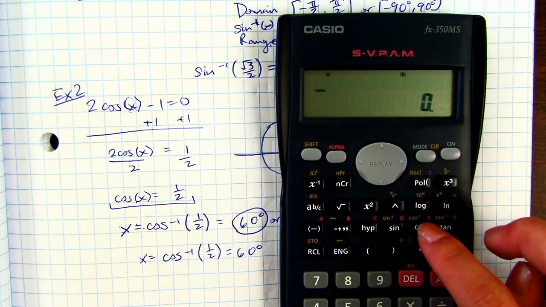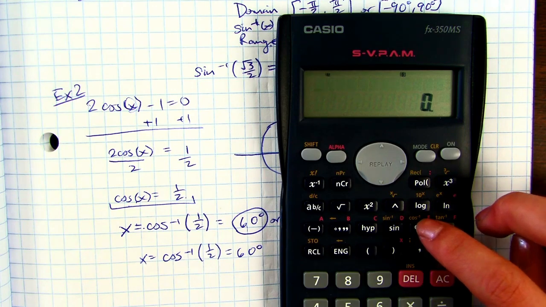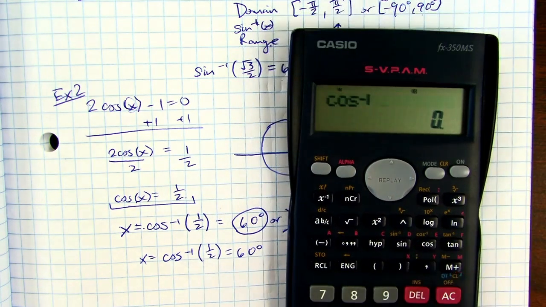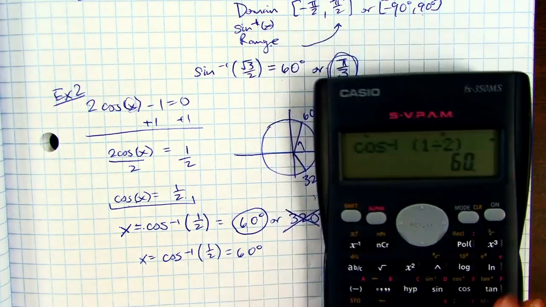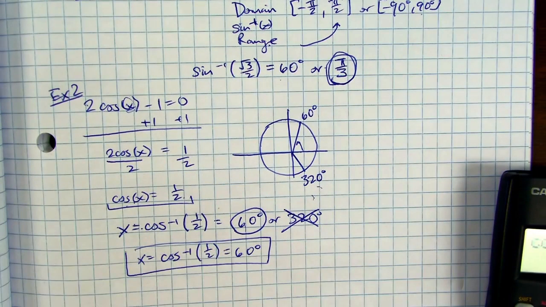Here's my cosine, and my inverse cosine is right on top of it. I click shift, cosine inverse, put parentheses around 1/2, and when I press enter, I get 60 degrees. Awesome. So there's some instruction on how to use your calculator to find the angle. Let me put 60 degrees. That is my answer, and that is example number 2.